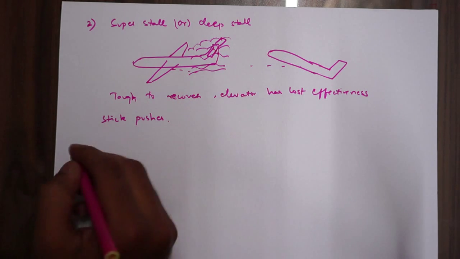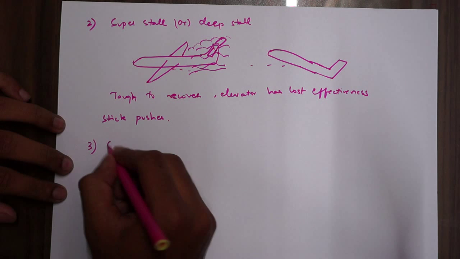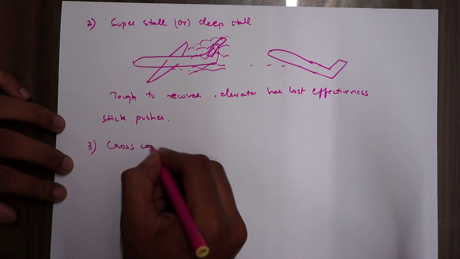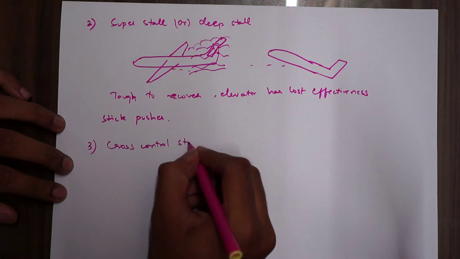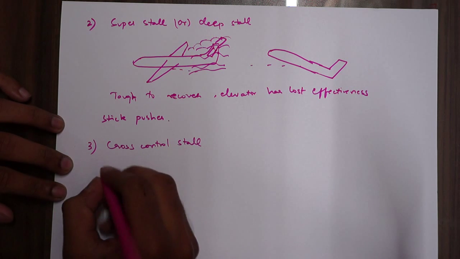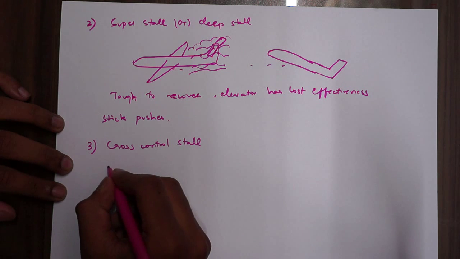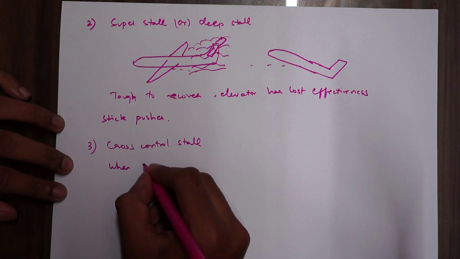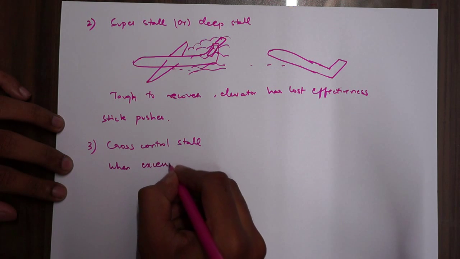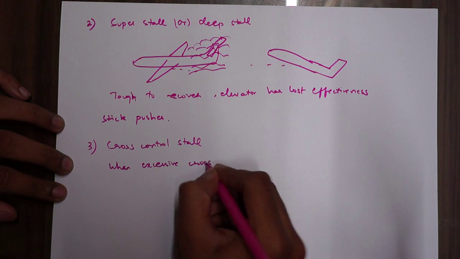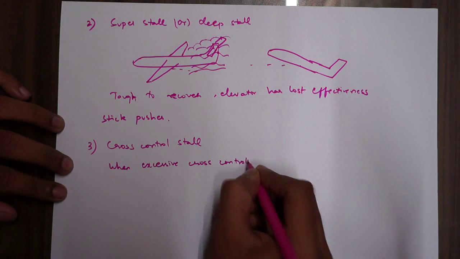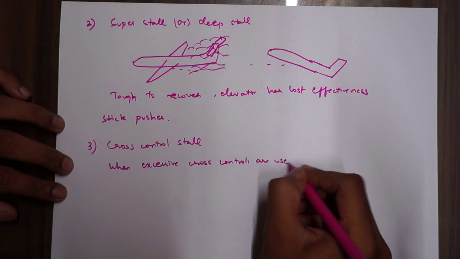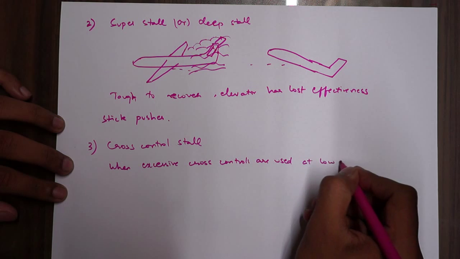Okay, there's another form of stall, that is cross control stall. This happens when excessive cross controls are used at low speeds.